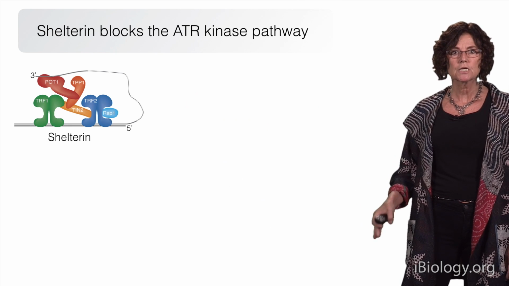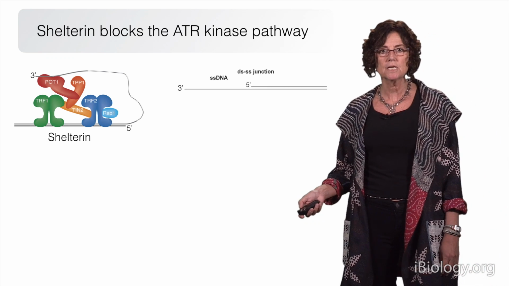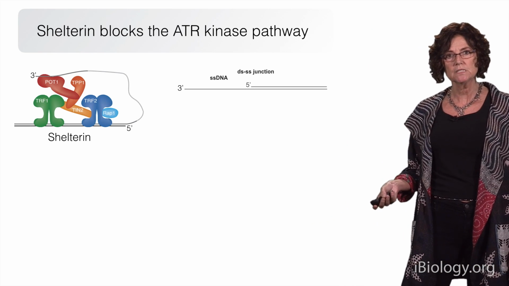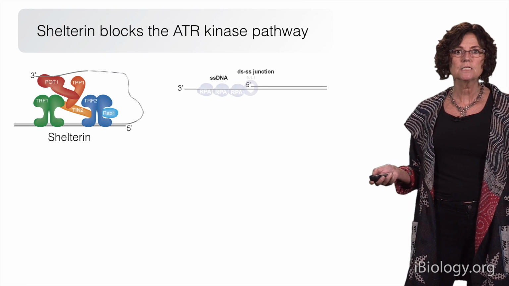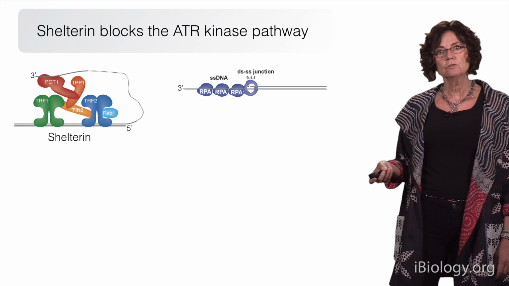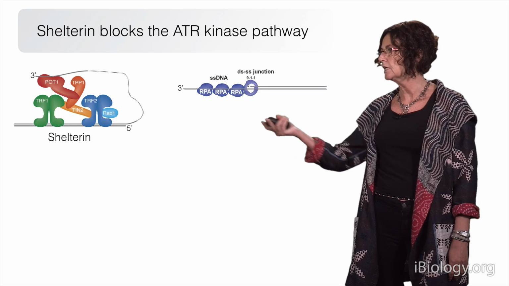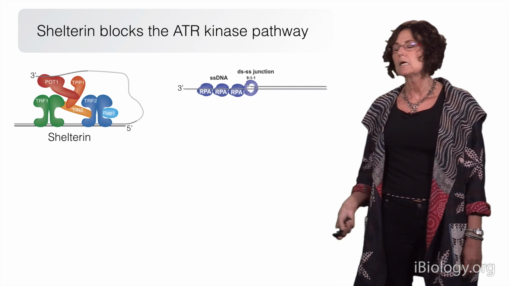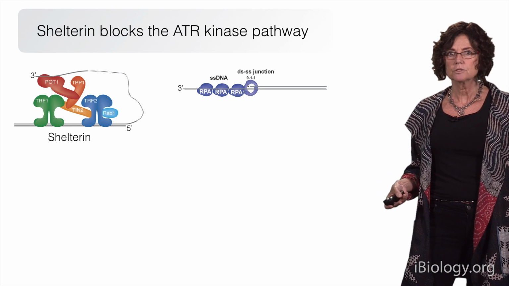It also blocks the ATR kinase pathway, a pathway that is initiated when cells have single-stranded DNA at a break. ATR kinase is activated through the agency of RPA. RPA is a very abundant DNA binding protein that binds to single-stranded DNA regardless of the sequence.